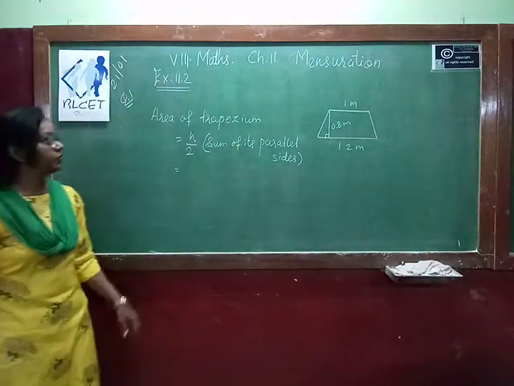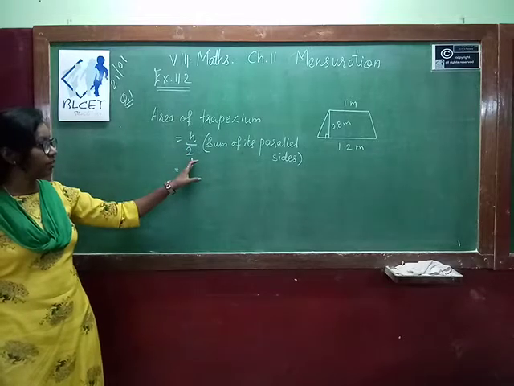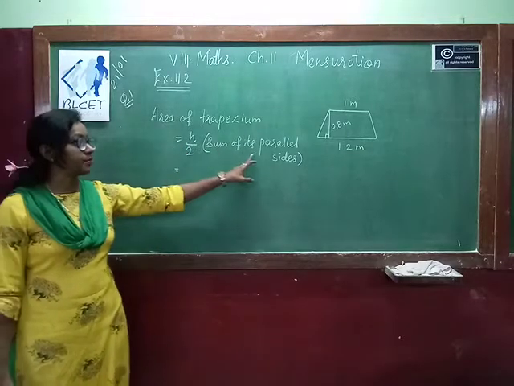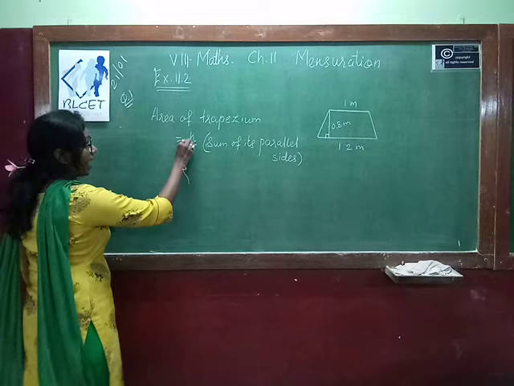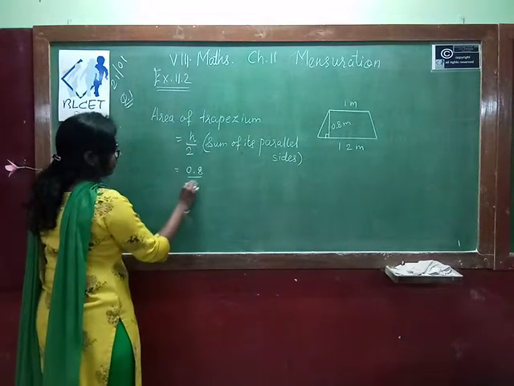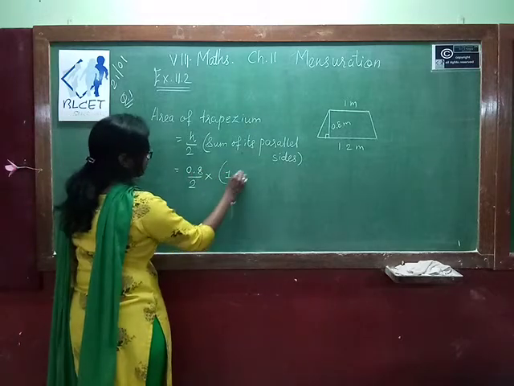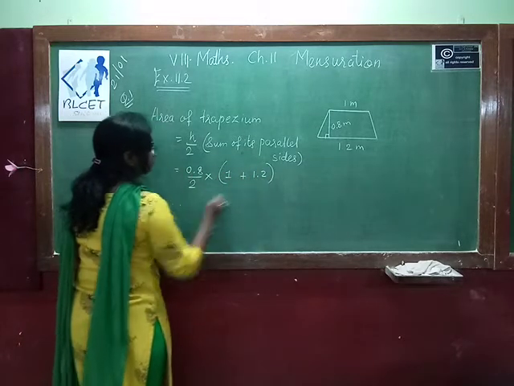So we have already learned the formula that area of trapezium is equal to height divided by 2 multiplied by the sum of its parallel sides. So height is given, that is 0.8 divided by 2 multiplied by the sum of its parallel sides, that is 1 plus 1.2.